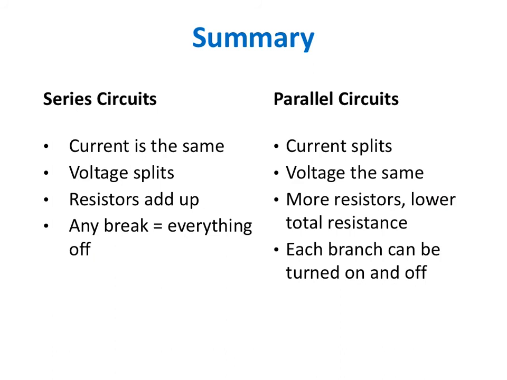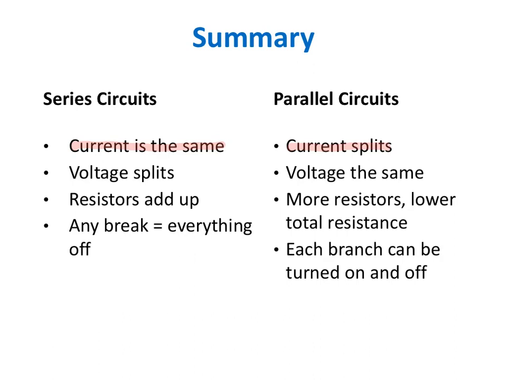So to summarize, in a series circuit, the current is the same wherever you are in the circuit. Whether you're at the beginning, the middle, or the end, the current will stay the same. Whereas in a parallel circuit, the current splits. When you've got a choice between which path to follow, some of the current will go down one path, some will go down the other.